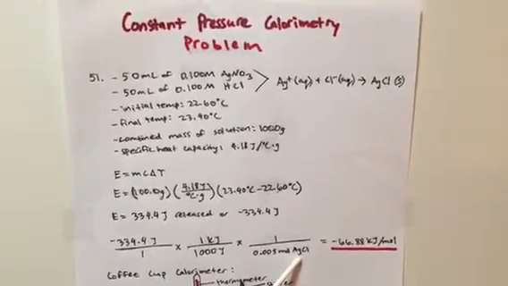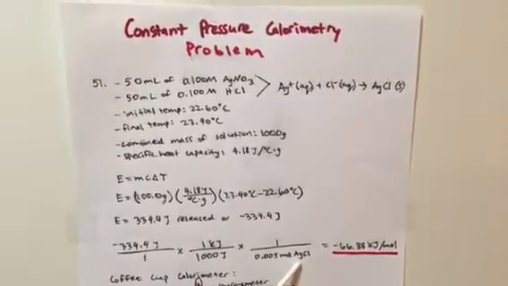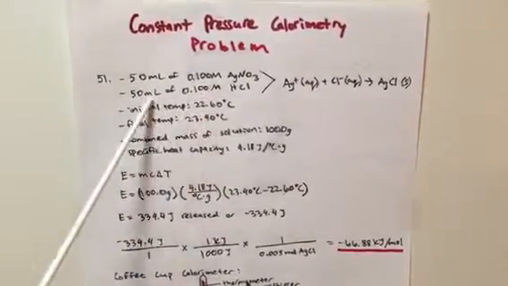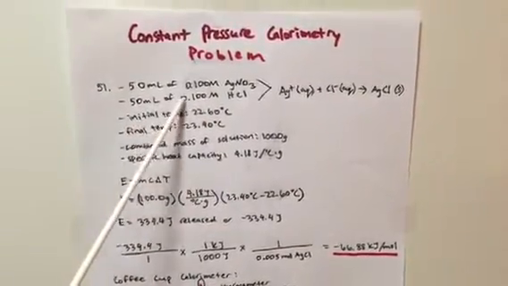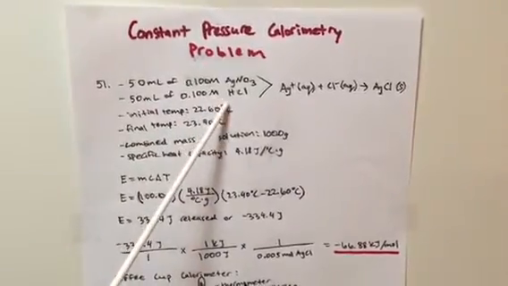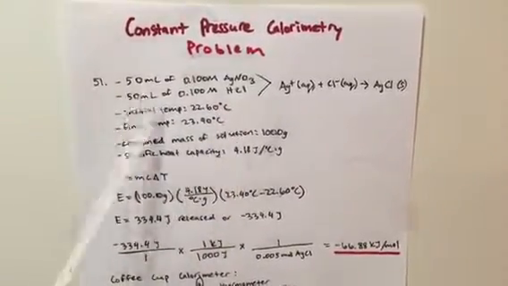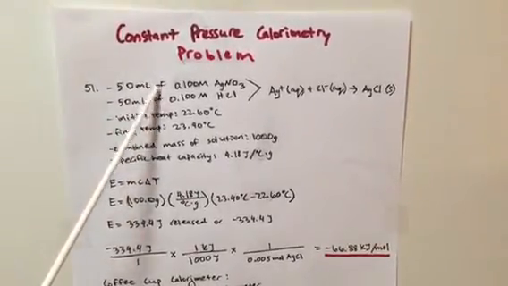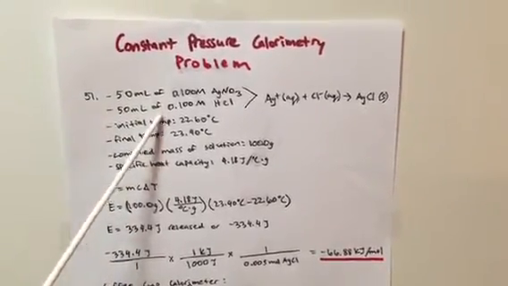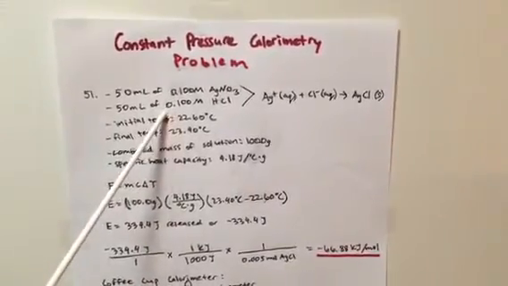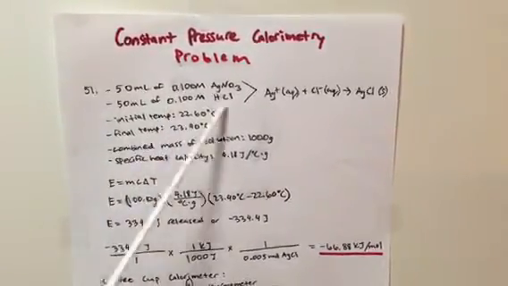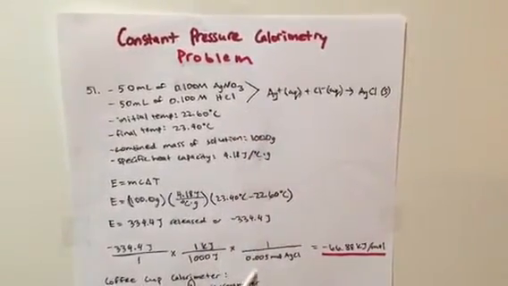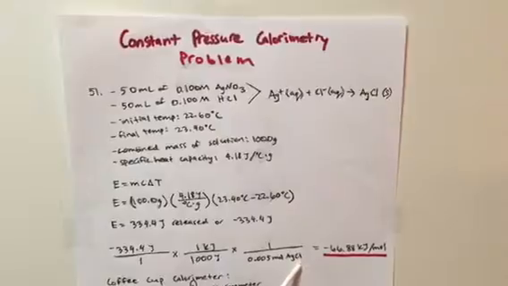To find moles of AgCl, it's a simple limiting reactant stoichiometry problem with the 50 milliliters of 0.1 molarity AgNO3 and 50 milliliters of 0.1 molarity HCl coming together, and from that we can find the moles, which would be 0.005 moles of each kind, meaning that you can use either one as the limiting reactant in this case. Then from there we see the mole-to-mole ratio, which is just 1 to 1. So in the end, it's 0.005 moles of AgCl being produced.